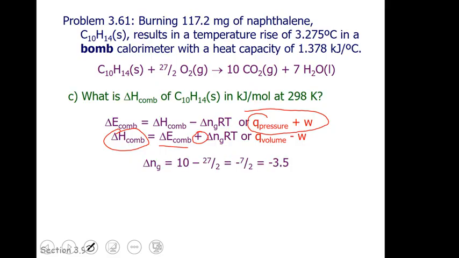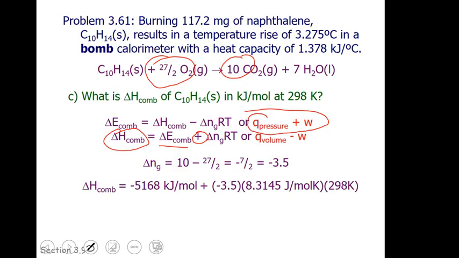So if I look at this reaction, you notice that I have 10 moles of product gas and 27.5 moles of reactant gas, so my Δn_g is minus 3.5.